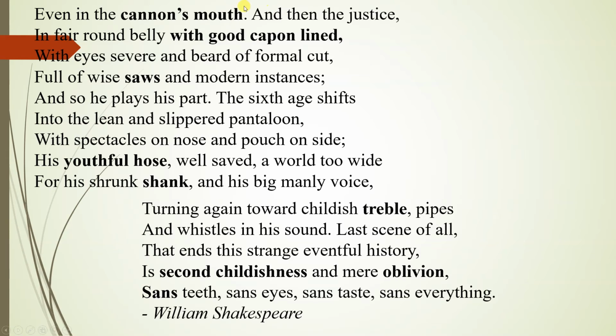Their working age is over, and at this age people start getting different diseases like sugar, blood pressure, or other health issues, and that makes you suffer a lot, and because of that a person becomes thin. Lean means thin, and slippered pantaloon means whatever clothes you have start becoming loose on you. With spectacles on nose and pouch on side.